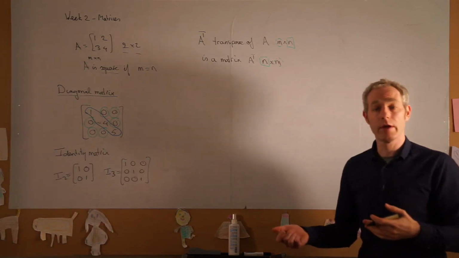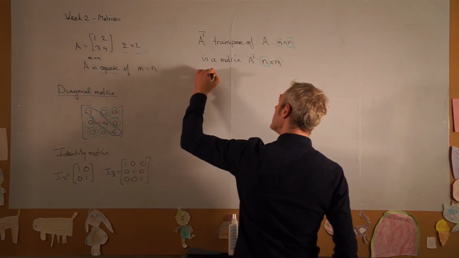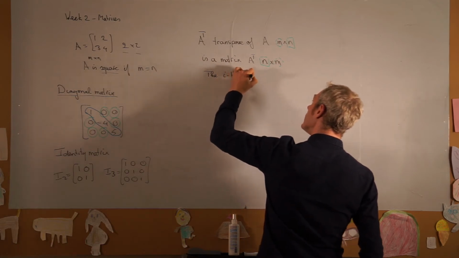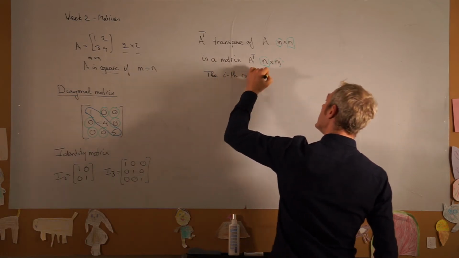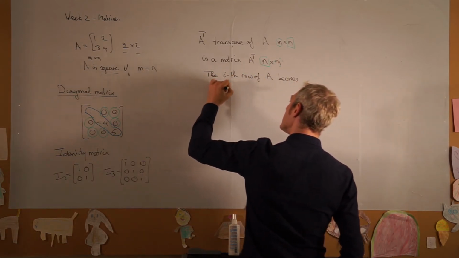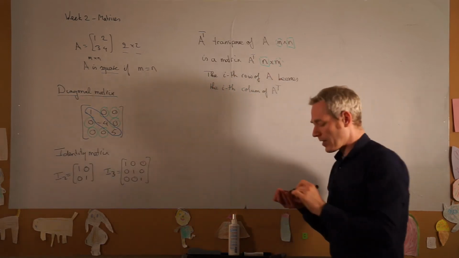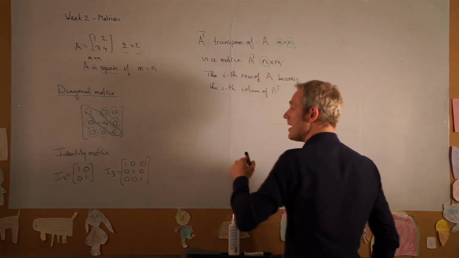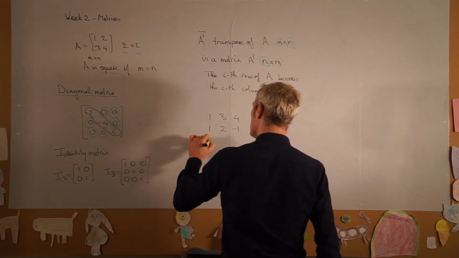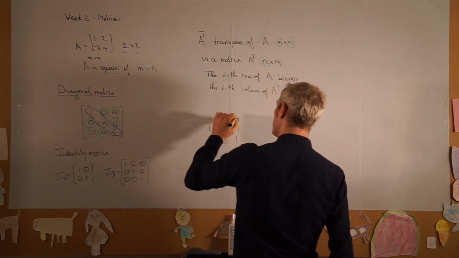And how do we get a transpose? The ith row of A becomes the ith column of A transpose. So if we take a matrix A, let's say 1 3 4, 1 2 minus 1, 0 2 0, through 3 1.